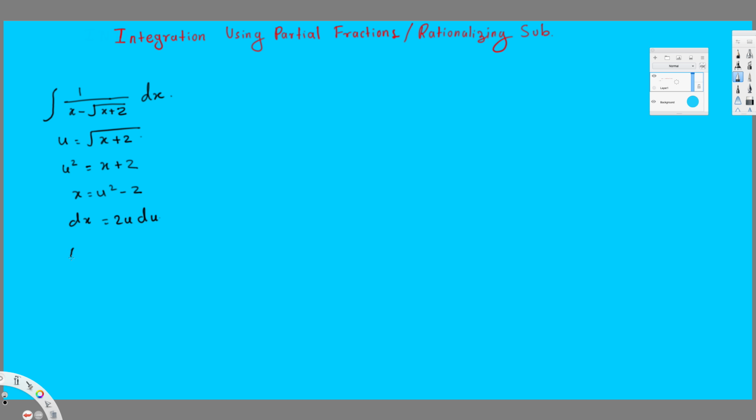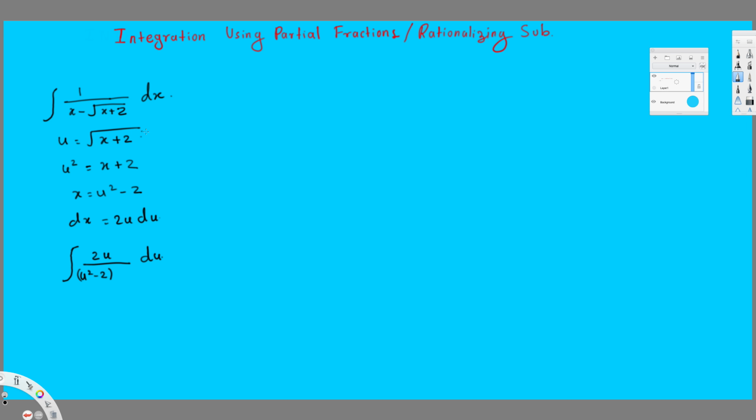So let's put that in. We have dx, that is 2u du. So 2u, I bring the du right here, 2u over, in the bottom, instead of x, u squared minus 2. Then we have minus square root of x plus 2.